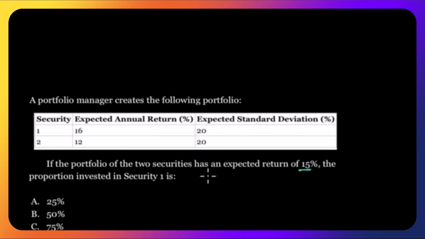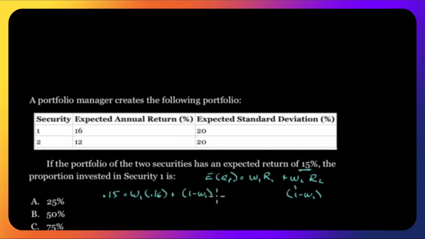So we know the expected return of a portfolio is simply the weighting on the first times the return on the first plus the weighting on the second times the return on the second, and we can write this in terms of 1 minus W1 and solve for W1, right? So the expected return on the portfolio, 0.15, would equal W1 times 0.16 plus 1 minus W1 times 0.12.